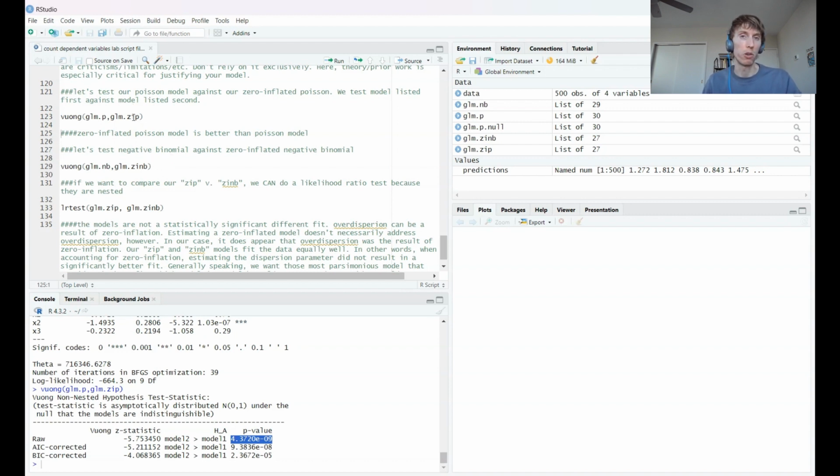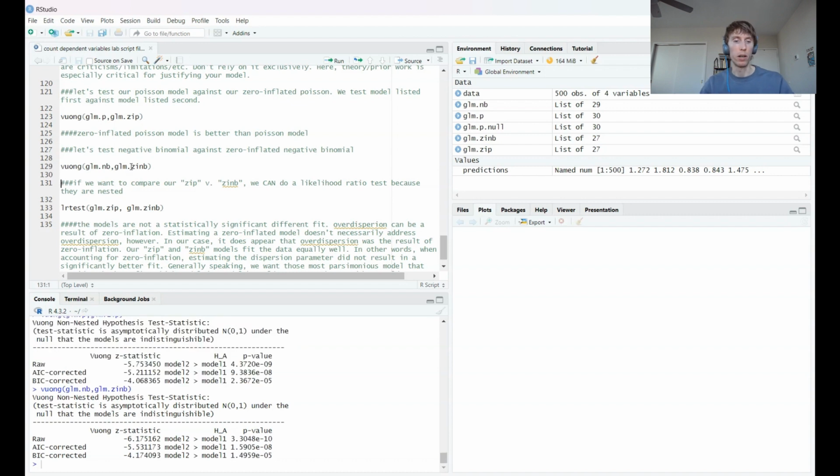So in this case, the zero-inflated Poisson is a better model than the regular Poisson we did. We could now do the same thing with the negative binomial, the regular negative binomial versus the zero-inflated version. And we get a similar idea here. Okay, zero-inflated version is better.